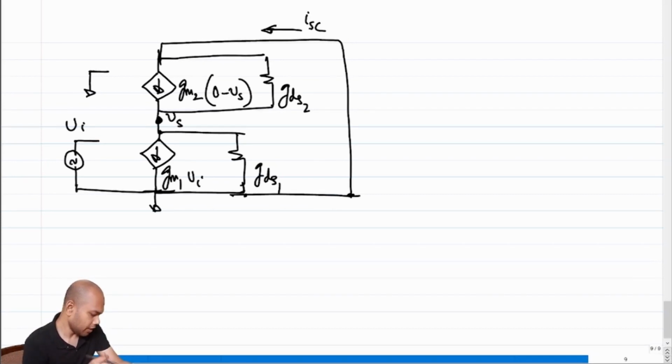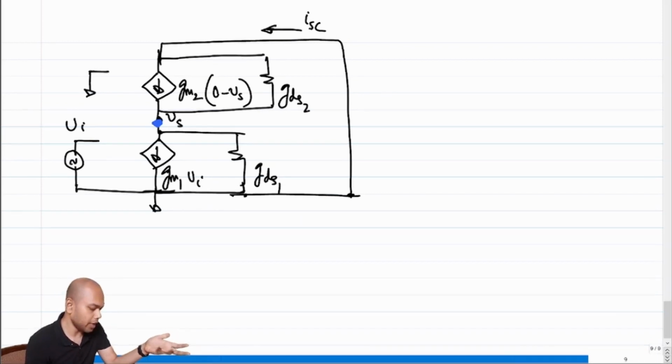Okay, so let's find out ISC. Let's do a KCL at this node. We can do a KCL at this node Vs, definitely, but a better way to approach this type of situation is to find out the impedance.